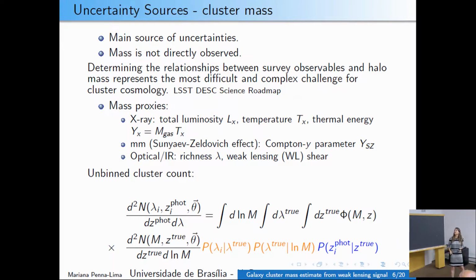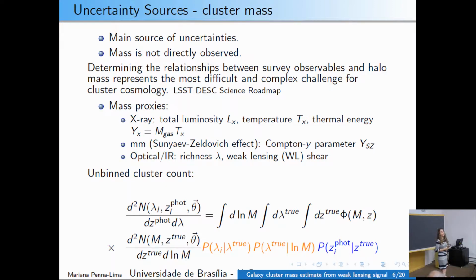So the main source of uncertainty for cluster cosmology today is the uncertainty on the cluster mass estimates, okay? The first huge problem is that mass is not directly observed.